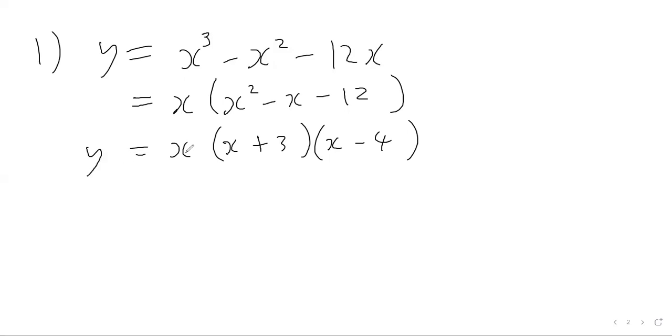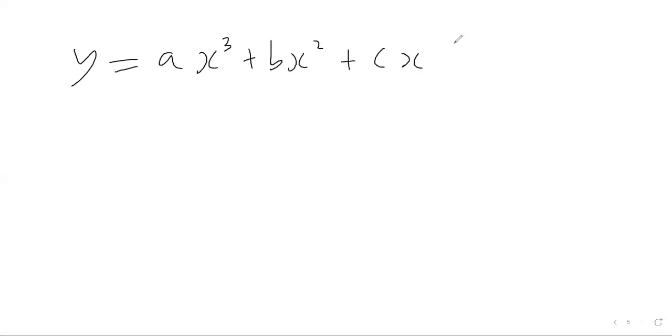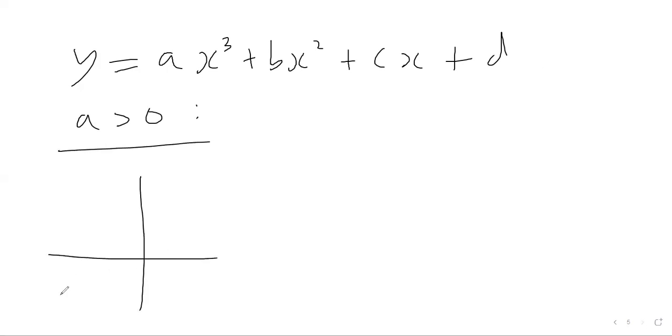So we've got the graph y equals this, and we want to sketch it. The key thing to remember is that with cubic graphs, and I probably should have mentioned this at the start, in general cubics are in the form ax cubed plus bx squared plus cx plus d. When a is greater than 0, you're going to get a cubic with this kind of shape.